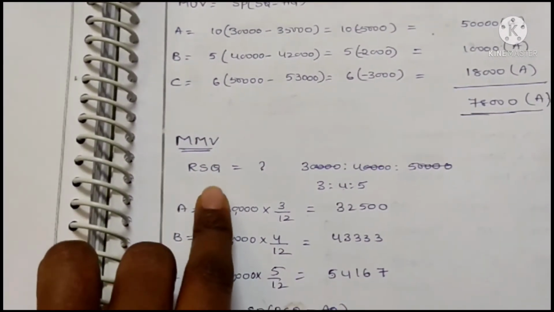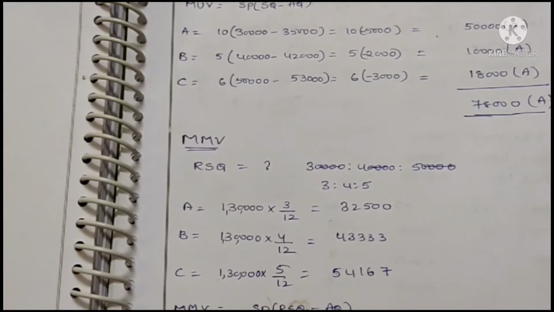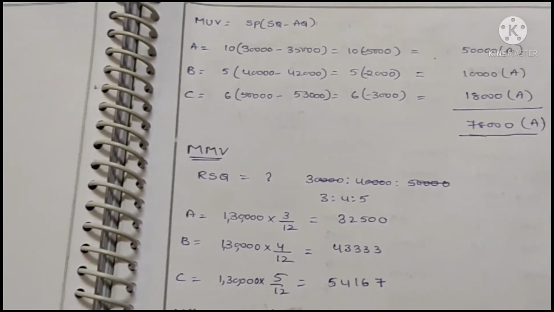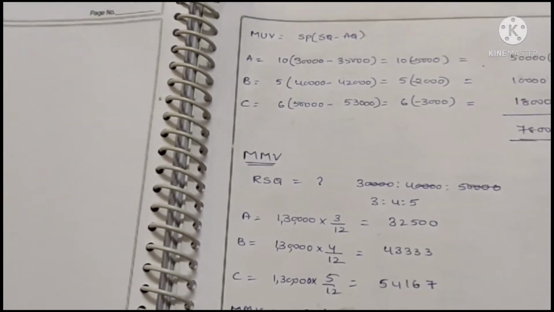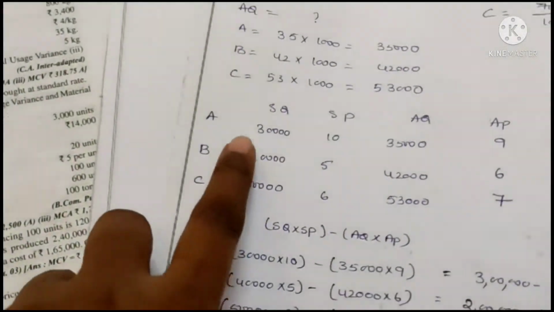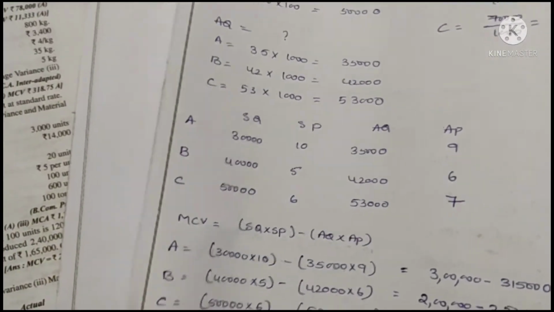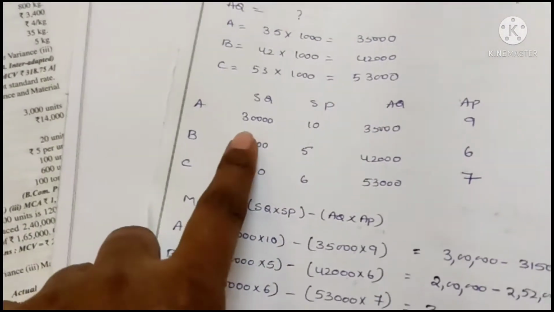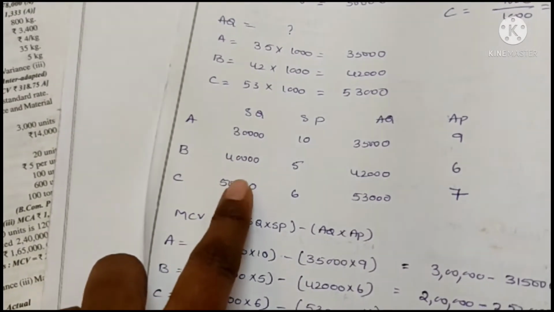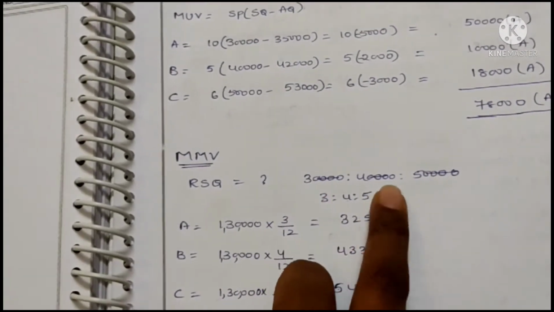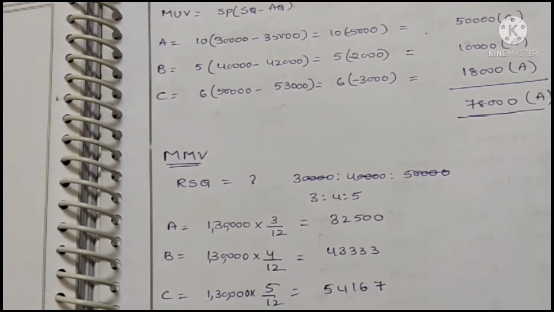Next, MMB. For calculating MMB, RSQ is required. How do we find the RSQ? First of all, we have to take the standard quantity information. Standard quantity ratio. With standard quantity we have to take the ratio. So standard quantity is how much here? 30,000, 40,000 and 50,000. So 30,000 is to 40,000 is to 50,000. 3 is to 4 is to 5.